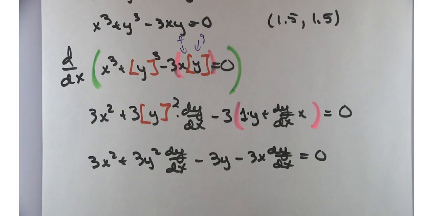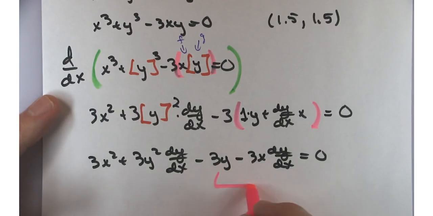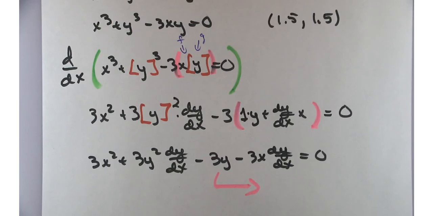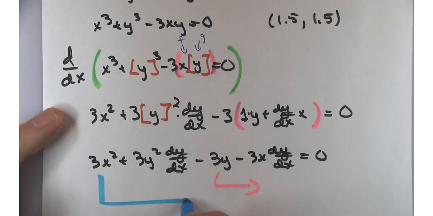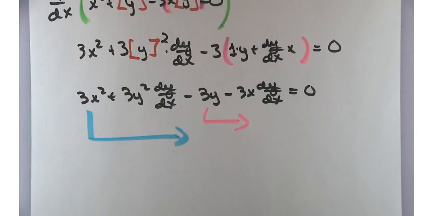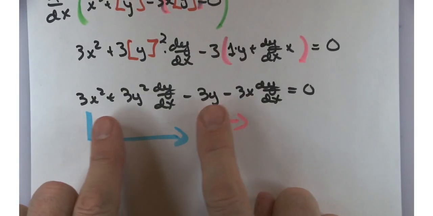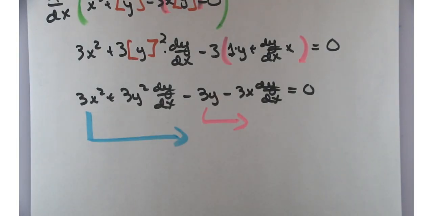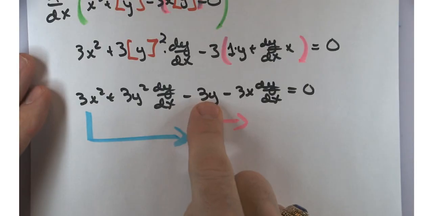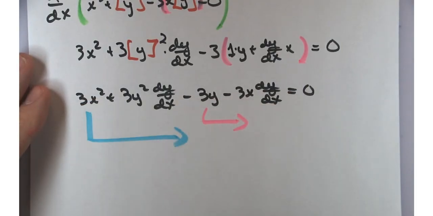So a couple of these terms, like the 3y and the 3x squared, can move to the other side. And it's kind of like a mantra I try and help put into your minds: when it changes sides, it changes signs. All right, so that's going to become a 3y minus a 3x squared on the right-hand side.